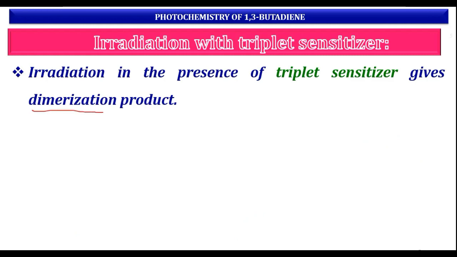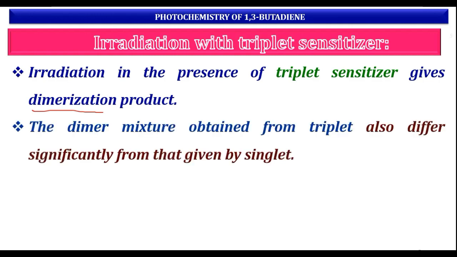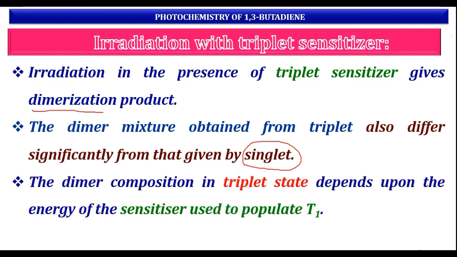Dimerization products are obtained, and these are different from the products obtained from the singlet excited state, that is, direct irradiation. The product composition depends on the nature of the sensitizer you are using. So we discussed that when sensitizer energy is greater than 60, the S-trans isomer is involved in the reaction and its concerned products are obtained there.